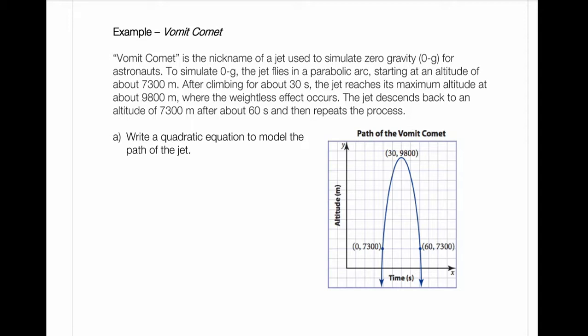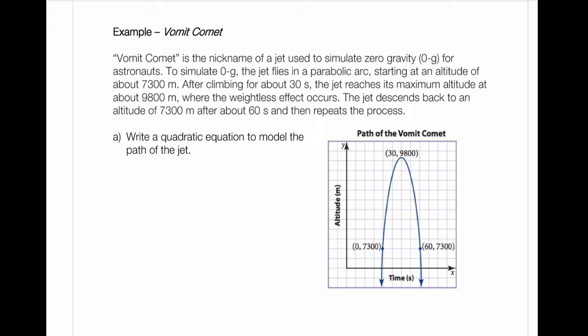After climbing for about 30 seconds, the jet reaches its maximum altitude at about 9,800 meters, where the weightless effect occurs. The jet descends back to an altitude of 7,300 meters after about 60 seconds and then repeats the process. Write a quadratic equation to model the path of the jet.